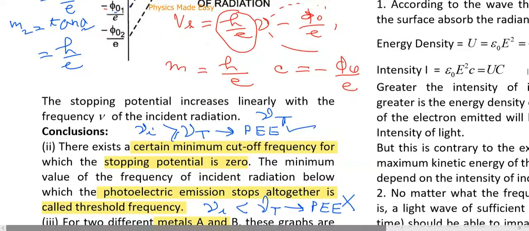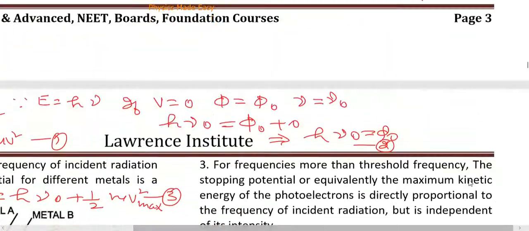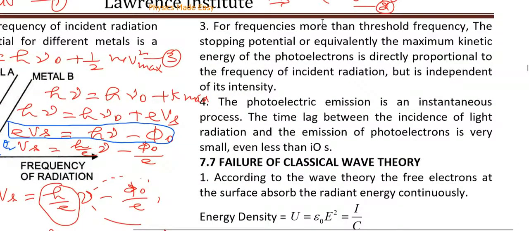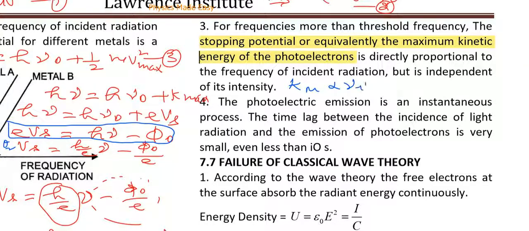Now I shall go through the third law. What is the third law? For frequency more than the threshold frequency, the stopping potential or the maximum kinetic energy of the photoelectron is directly proportional to the frequency of incident radiation. We have already observed this in the experiment. Km is directly proportional to the frequency of incident radiation, provided nu I is greater than the threshold frequency nu naught.